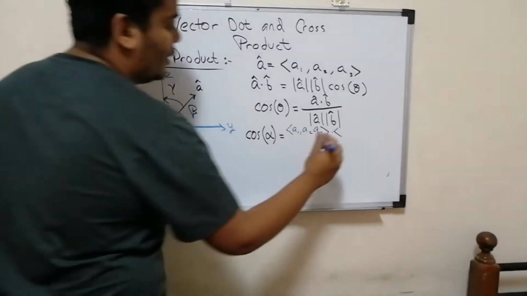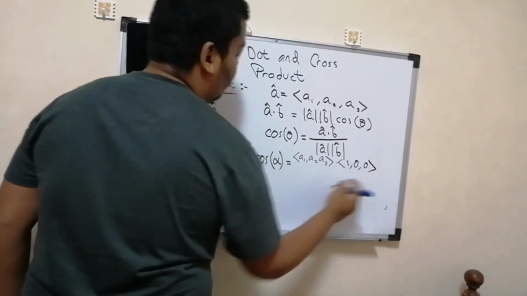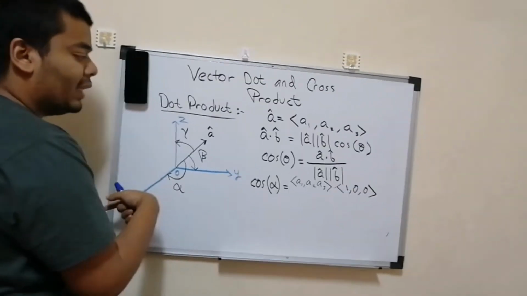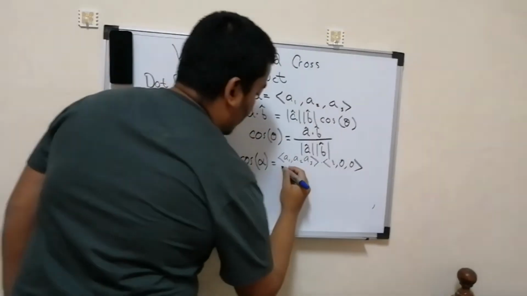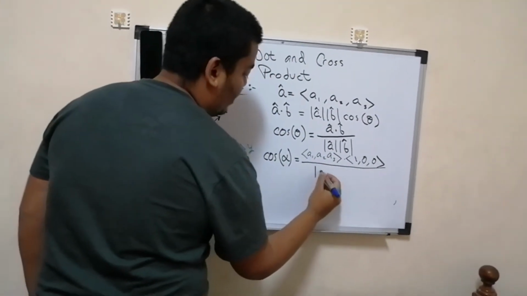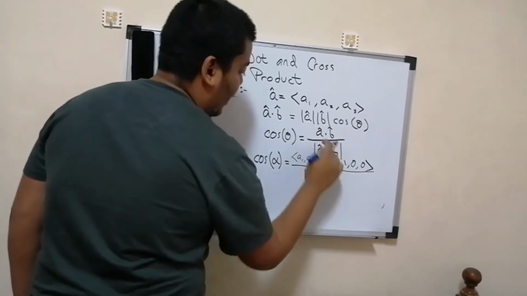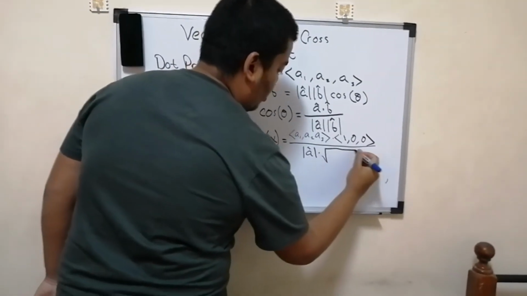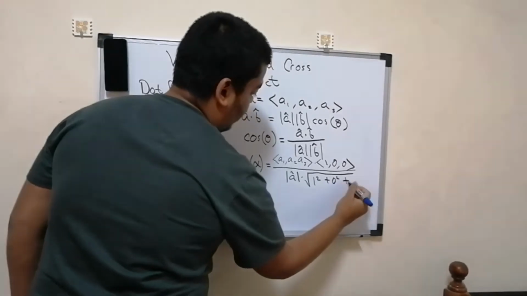And the x-axis has the vector 1, 0, 0, because the other components are 0, since it's parallel along the x-axis. The y and z components will be 0. The magnitude of A will remain as it is, times the magnitude of this vector, which will be the square root of 1 squared plus 0 squared plus 0 squared.